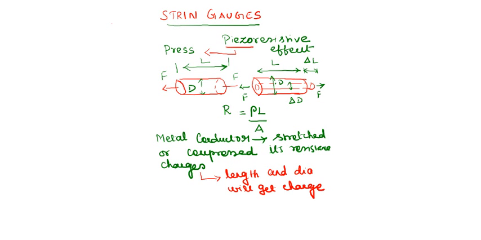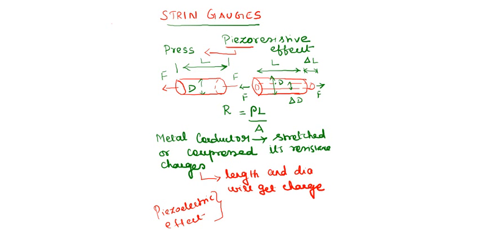That is the piezoelectric effect. We had a discussion on this in the previous class, on the piezoelectric transducer and the seismic transducer. Now we are going to see the piezo-resistive effect.